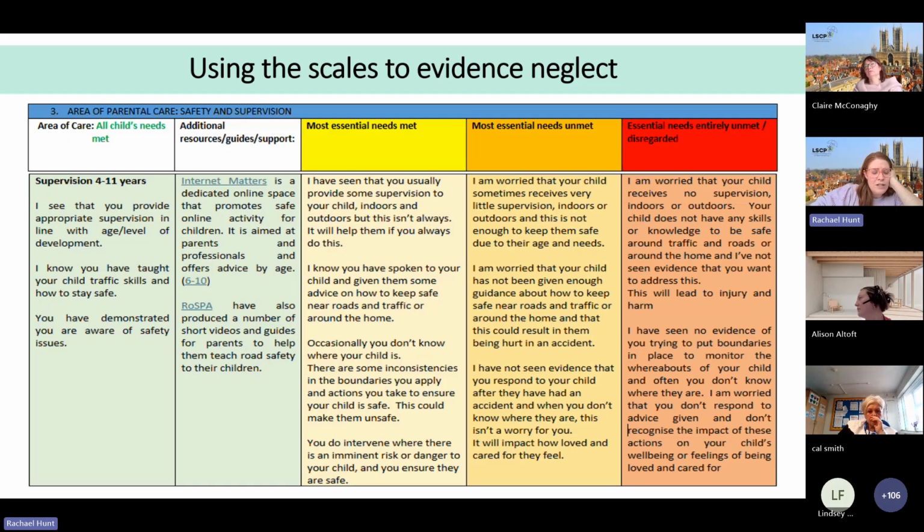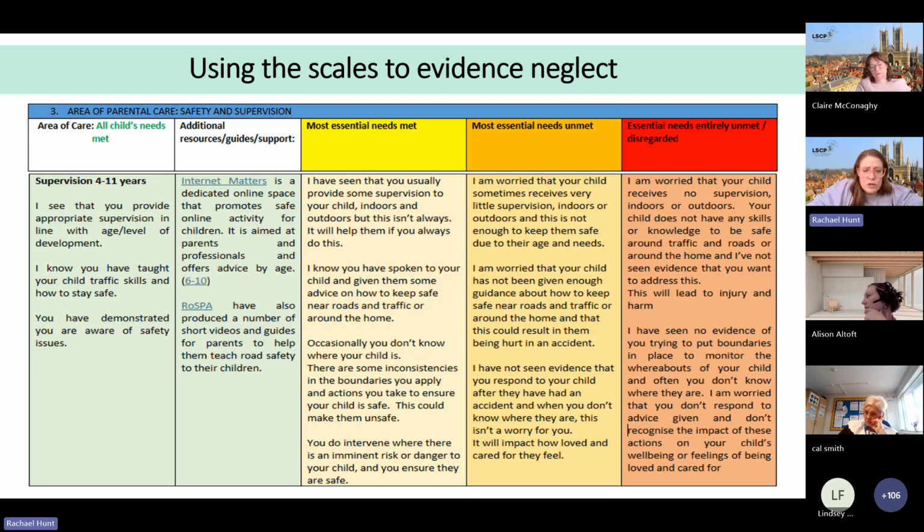We have included some additional resources, some of which can be shared with parents. If you're not sure where to have those conversations or what to talk about, some of the resources in there can support, but you can also share those with the parents and carers to encourage them to go away and think about it. You'll then see that they are set out in colours: most essential needs met, most essential needs unmet, and then essential needs entirely unmet or disregarded. So there is a different approach in all of those.